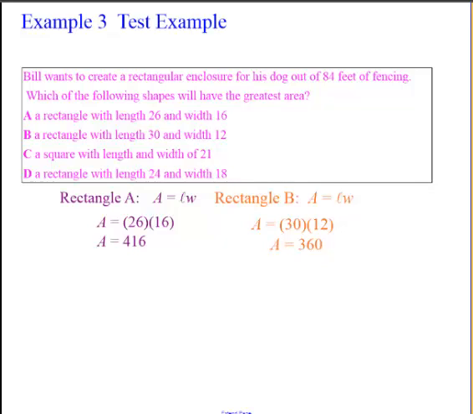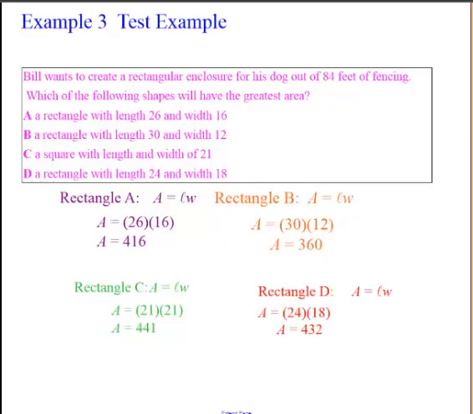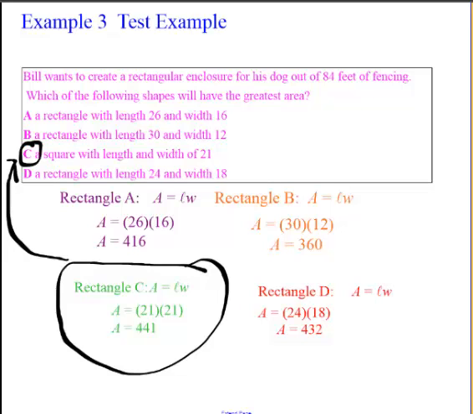C is a square, so we would just want to multiply 21 times 21 and get an area of 441. And our last option, D, length of 24 and a width of 18, our area would be 432. So if we look at all of our areas, the one that would have the greatest area would be option C, the square, a length and width of 21.